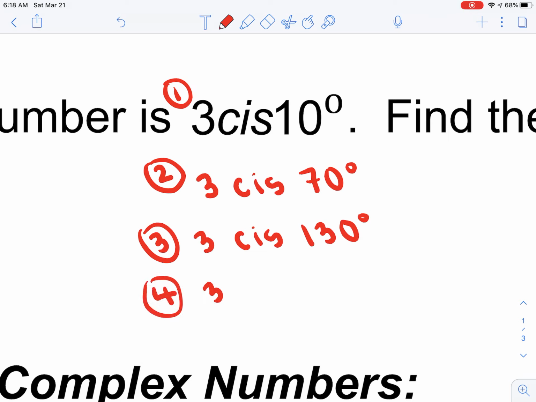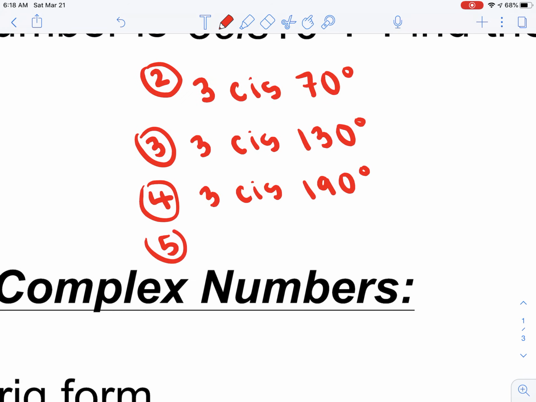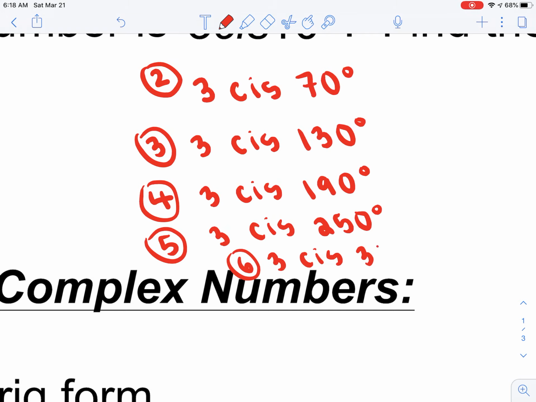I'm going to add another 60, and that's going to give me 190. I'm going to add another 60, and that's going to give me 250. And then I'm going to add another 60, and that's going to give me 310.